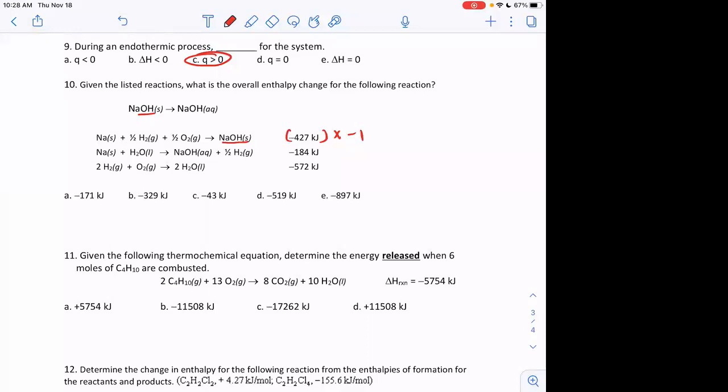That's the only place sodium hydroxide solid appears, and we know it needs to be on the reactant side, so we'll flip it. What else? I guess I gave them one really easy one and one tough one. This one's tough. They get rid of everything except for sodium hydroxide.